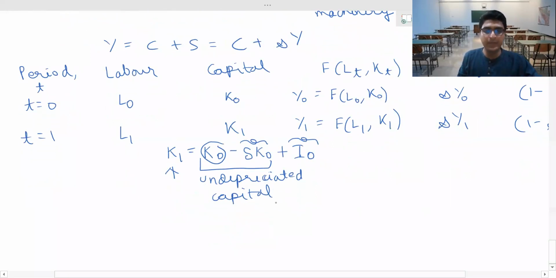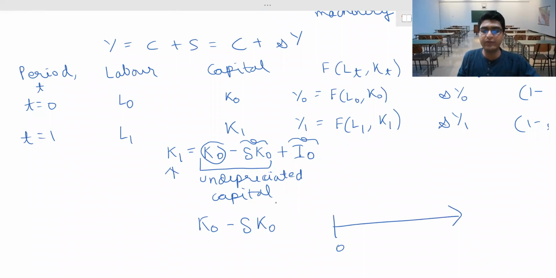I'm repeating this line. You have some initial level of capital. Some of it gets depreciated in the period between 0 and 1. Here some depreciation happened in this time period, and here you also made an investment, and initially you had K0.